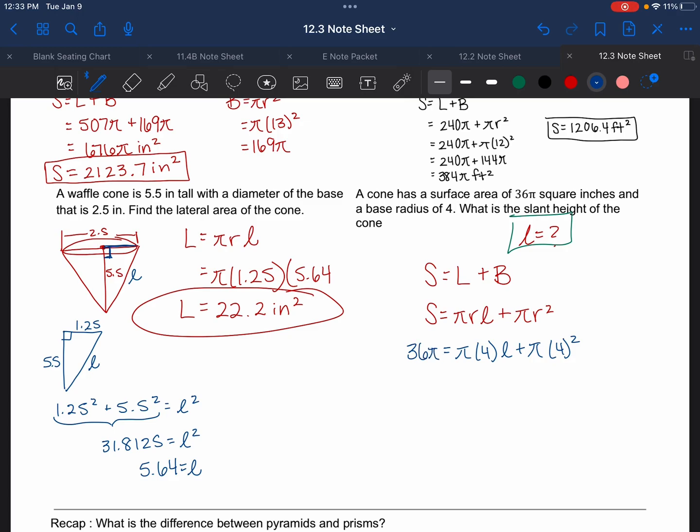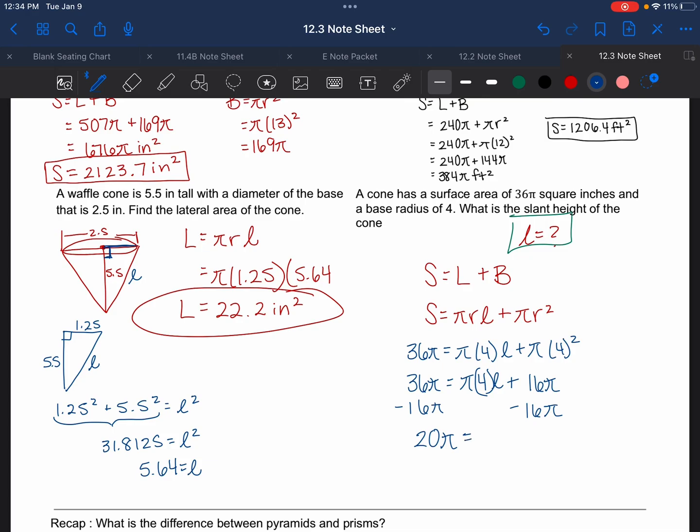Okay. Well, like I said, there's a lot of different ways of doing this. First thing I see is I'm going to change the 4 squared to 16. So this is 16 pi. And then I'm going to subtract 16 pi from both sides. 36 pi minus 16 pi is 20 pi.